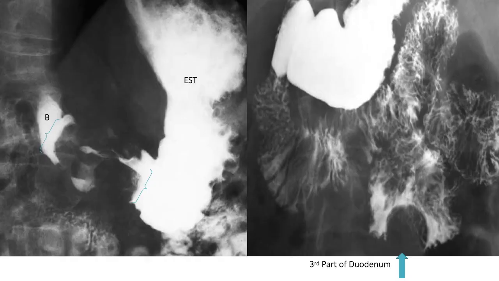So this is another one. The one on your left is a cancer of the antrum of the stomach. See the huge filling defect over there, which is marked already, and then there's another filling defect in the jejunum. You can see this huge filling defect, which is marked with the arrow.